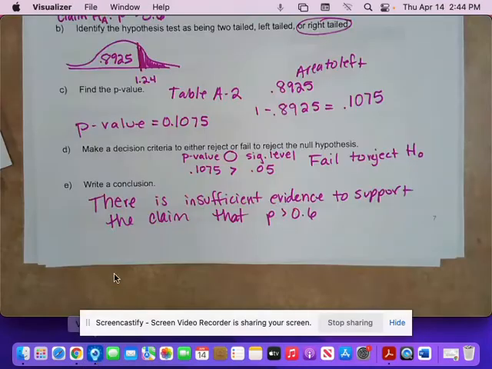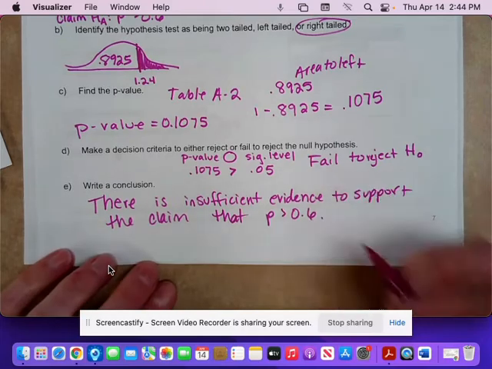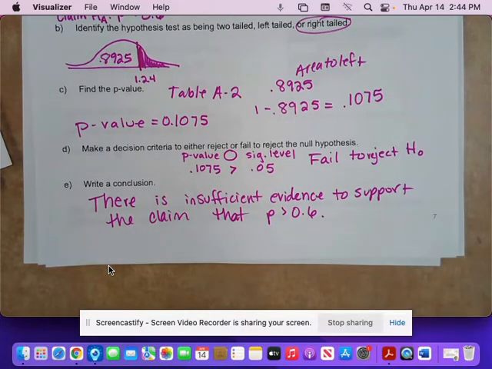I'll pull mine back up. So that is all for 8.1. 8.2 is more of this, so you'll start feeling more comfortable as we do more.